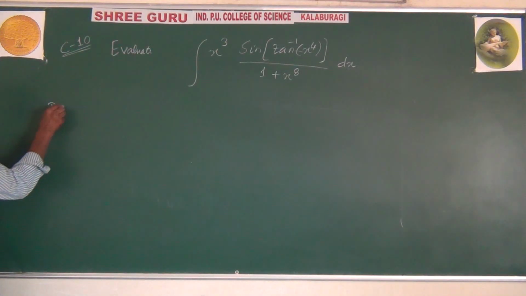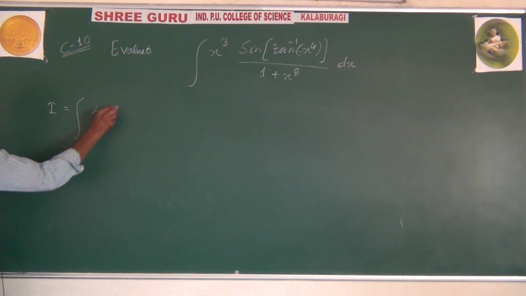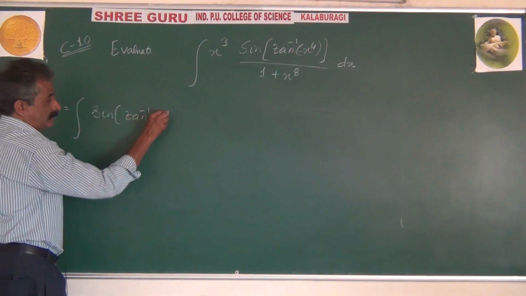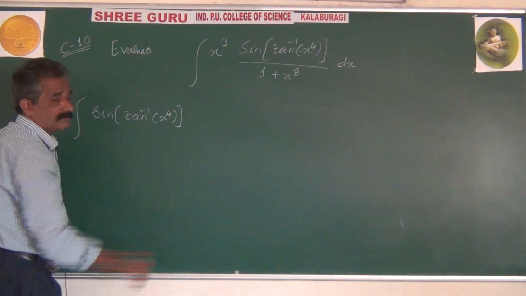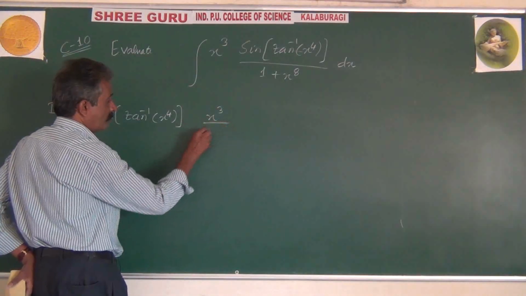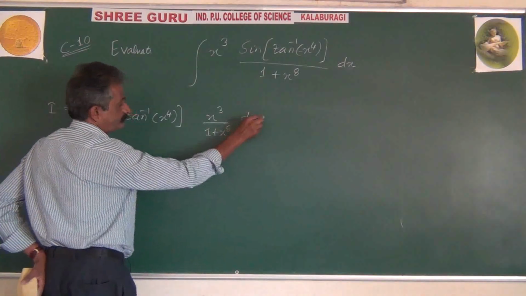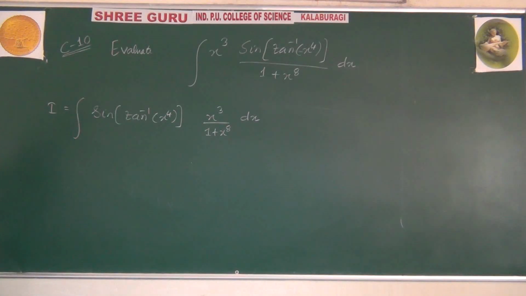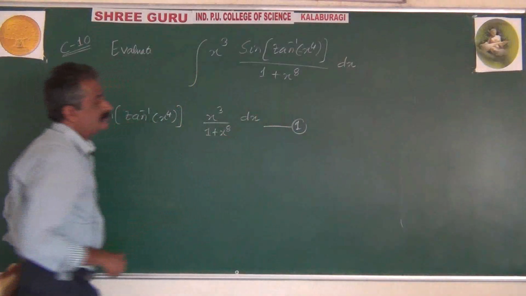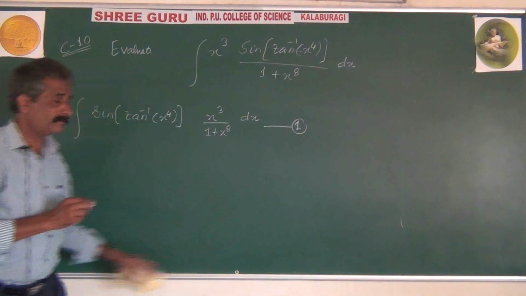First step, let I equal to sine of tan inverse of x power 4 and the remaining we shall write together. What's remaining? x cube divided by 1 plus x power 8 dx. Say equation 1. Now keep in mind what will be the ideal substitution.